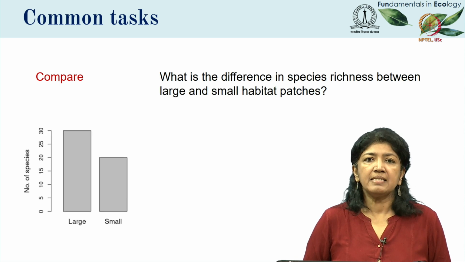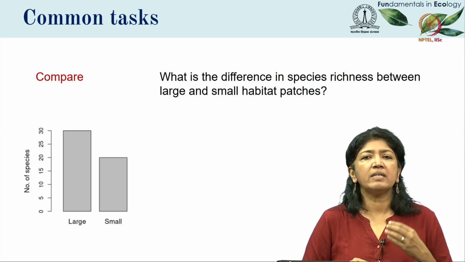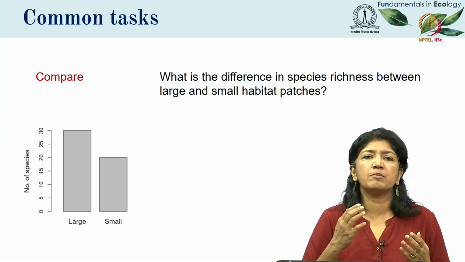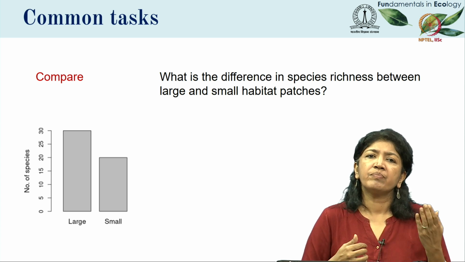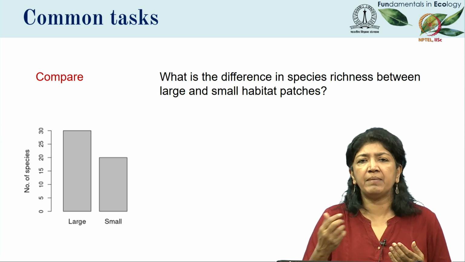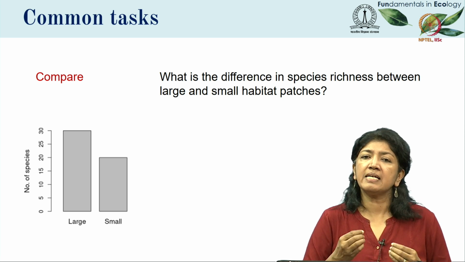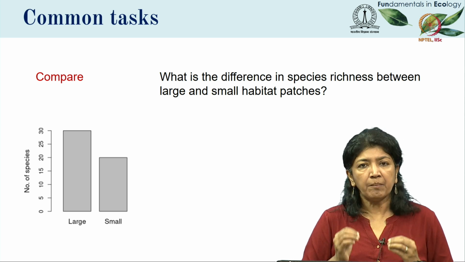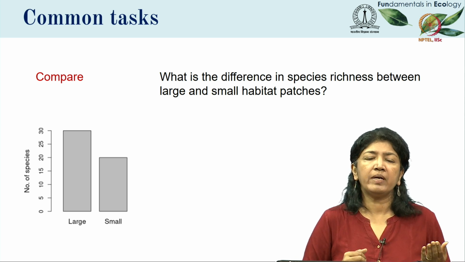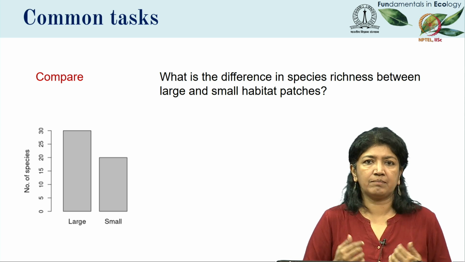Another common task is to ask what is the difference in species richness, that is the number of bird species, between large and small habitat patches. So, this is a task that involves comparing a quantity between two situations or more.